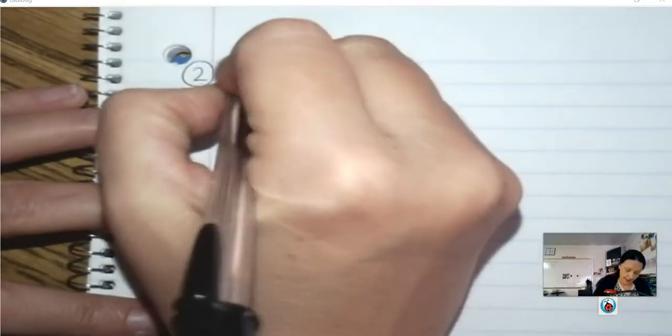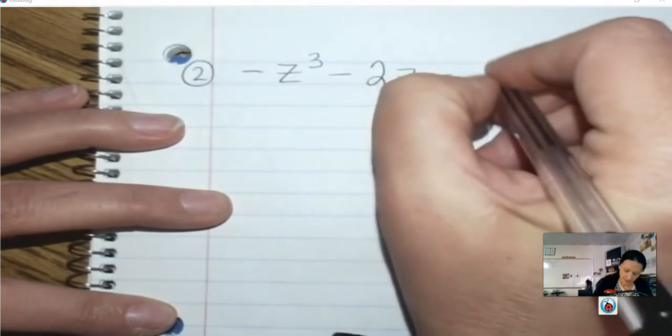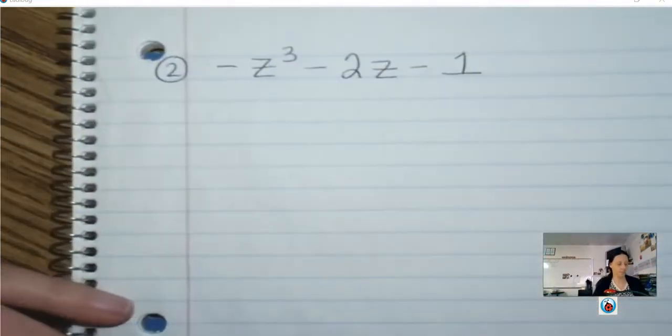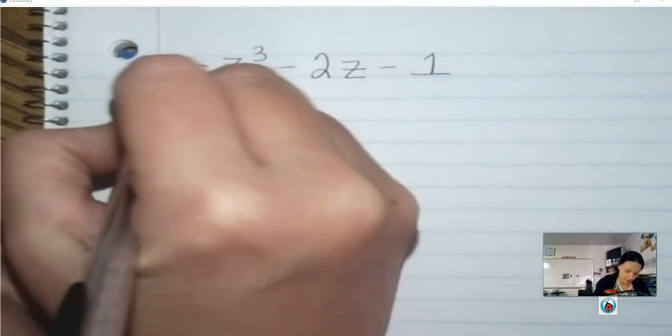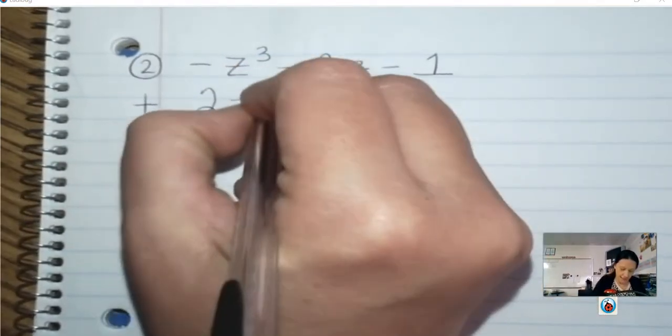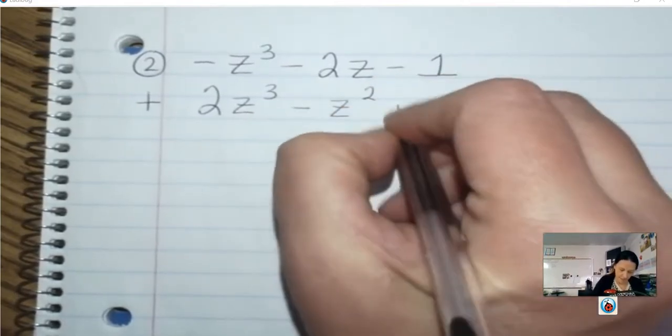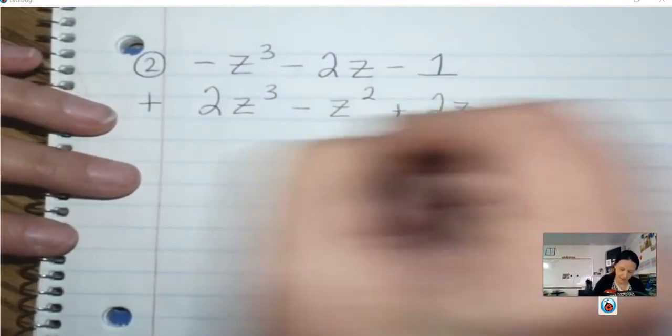Okay, number 2: negative z cubed minus 2z minus 1 plus 2z cubed minus z squared plus 2z.